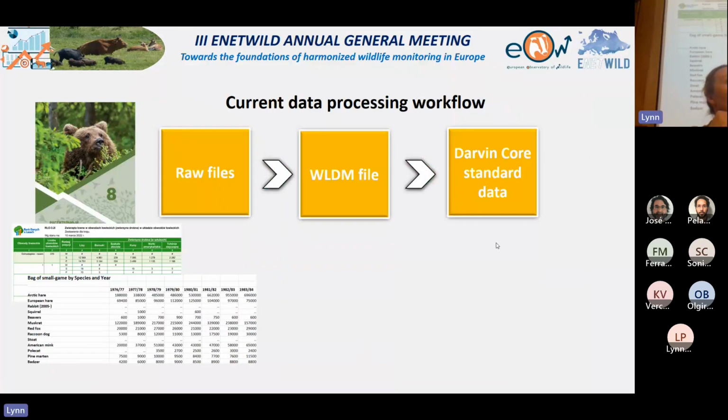To understand what we are facing, what we are dealing with, our current data processing workflow means that we still need to find the raw data, which are sometimes in really different formats. It can be web based, it can sometimes be yearbooks or reports written in local languages.